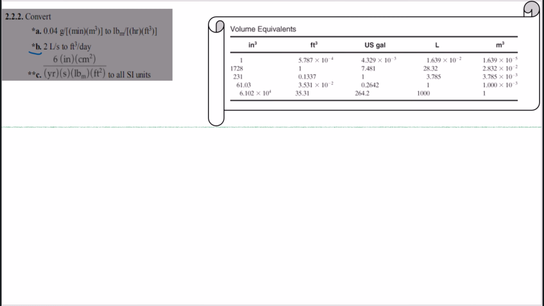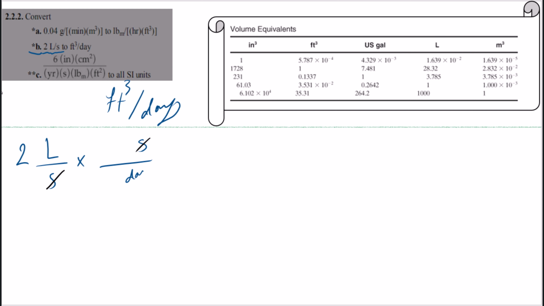Part B. Let's get started with the things that are known. This is known for us: 2 liter per second must be converted to cubic feet per day. Second must be converted to day first of all. Write second here. In this case, you can cross it with the second that we have here, and it must be changed to day.